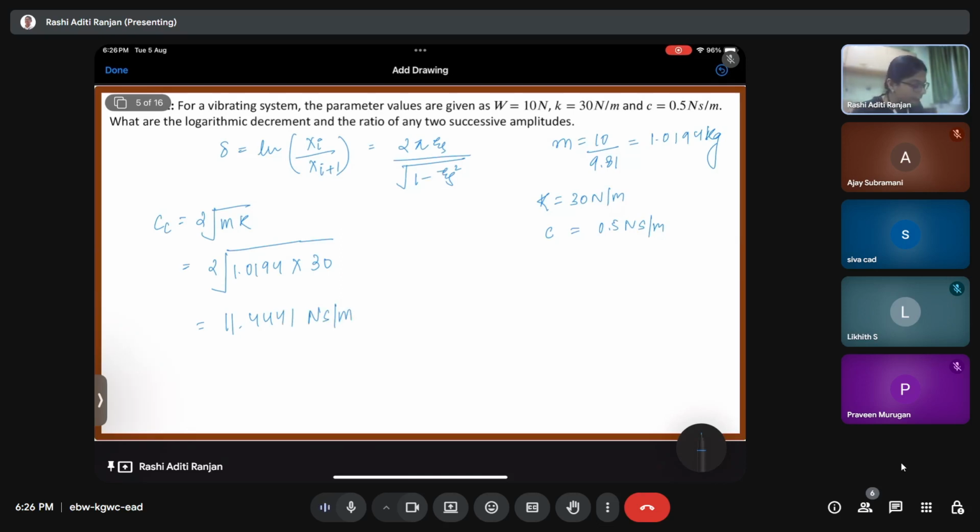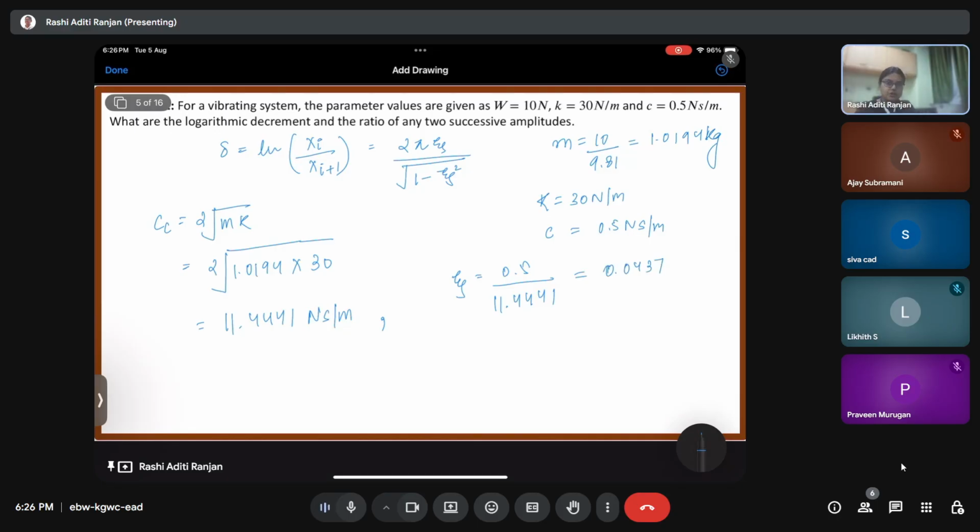Okay. And then when we evaluate eta, it will be 0.5 divided by 11.4441. This will turn out to be around 0.0437.